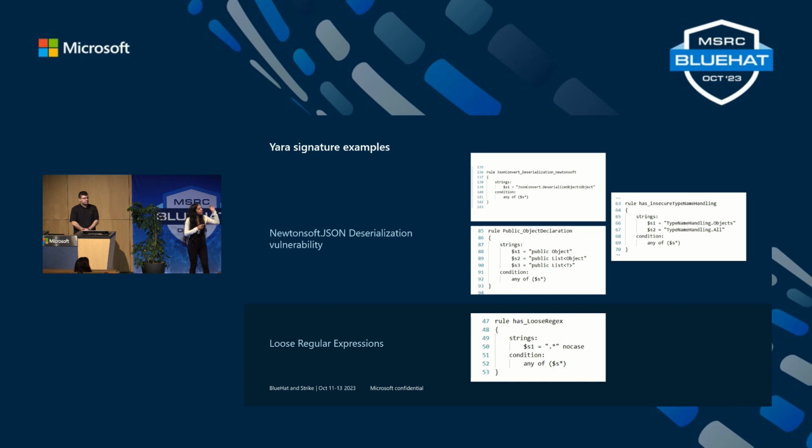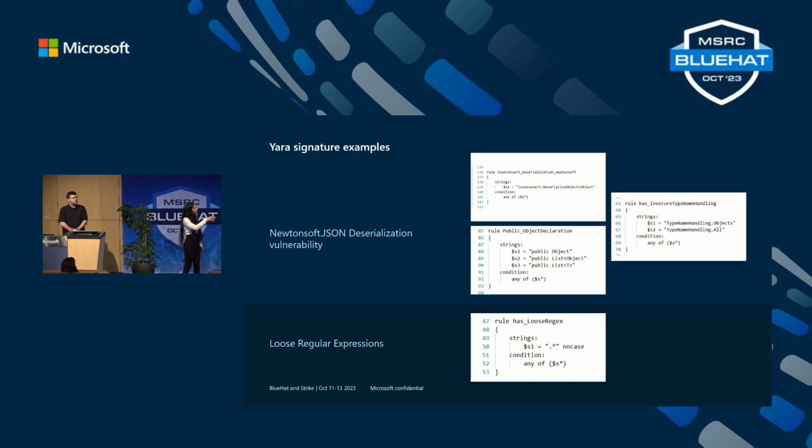And so these are the insecure properties that we have to look for in combination with the first function we see there, that is JSON convert. And later during the presentation, we will explain how it can be further more vulnerable whenever it's used in combination with the public object declaration rule we have there. And we will also explain the loose regular expressions rule with the help of an example.